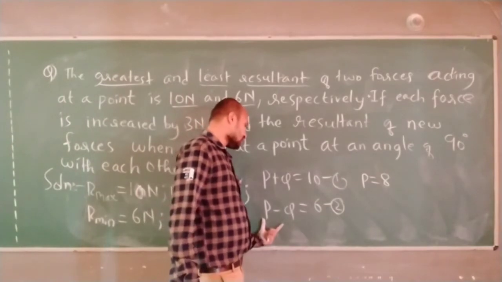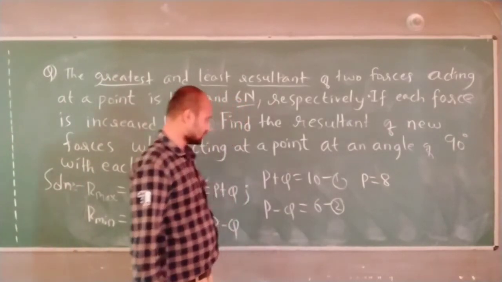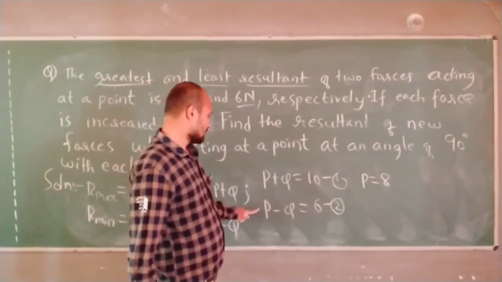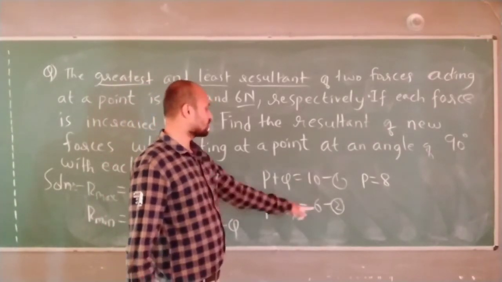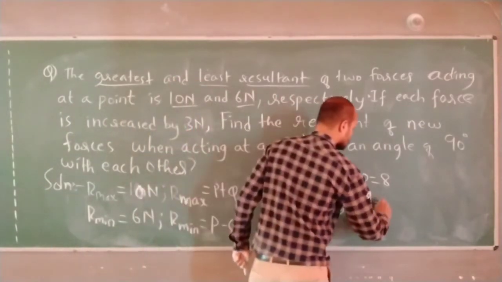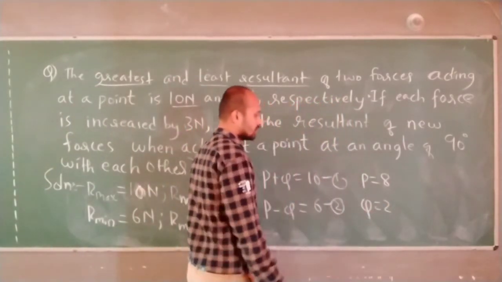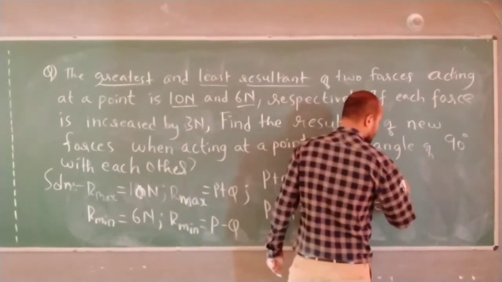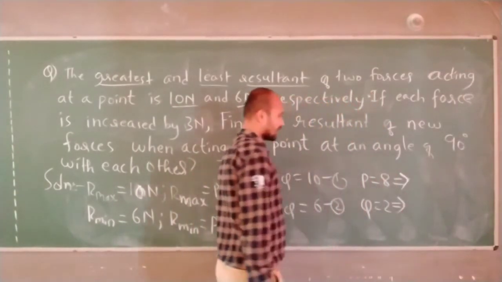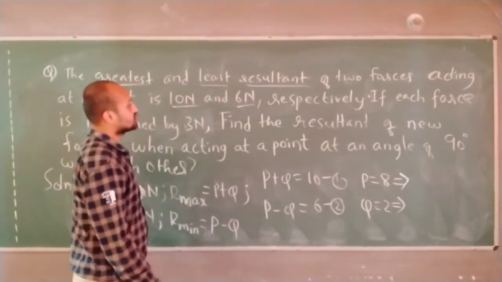Next, P minus Q is equal to 6. If P is equal to 8, find the value of Q. Q will be equal to 2. So, this is one part finished. Correct, no? This is one part finished.